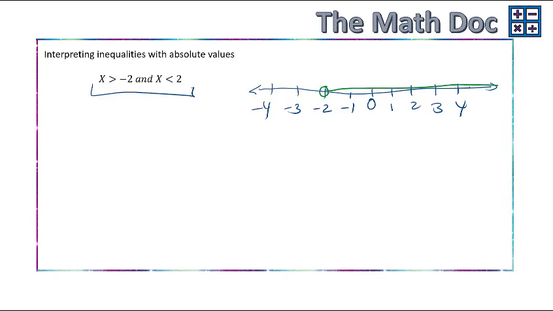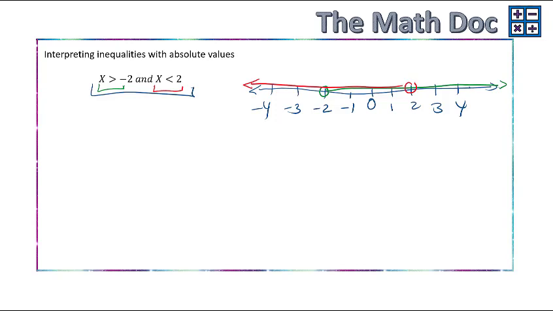And for any x larger than -2, we solve this first inequality. Now, the second inequality will be x is less than 2, and again, open circle, and I'm doing this one in red. So for any x less than 2, we solve this second inequality.